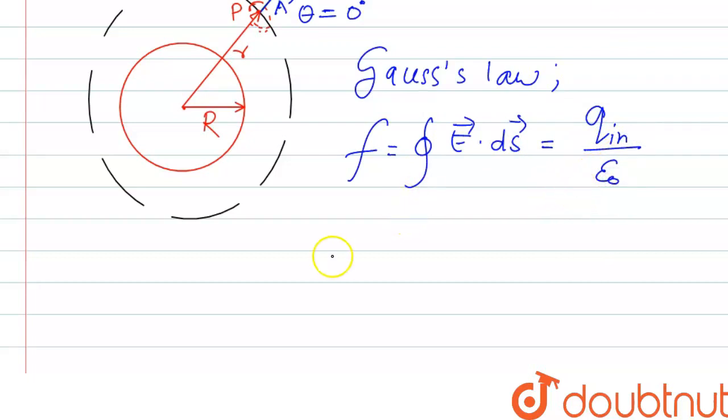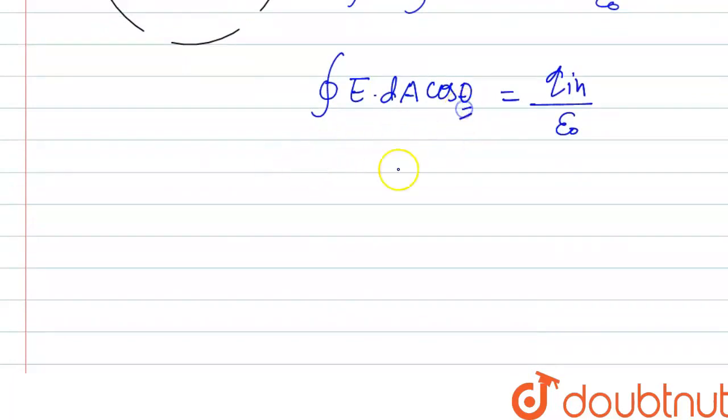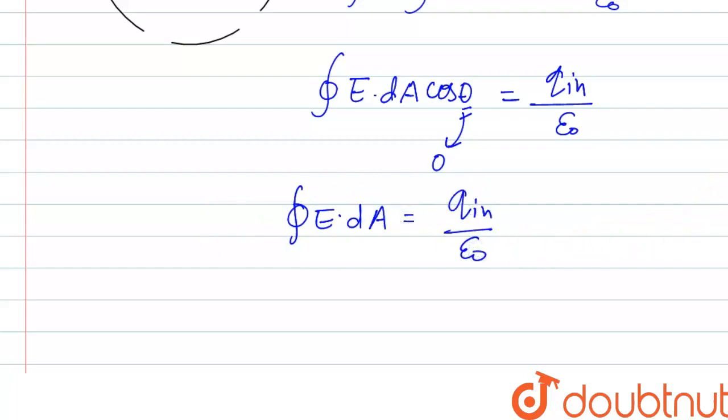Here we can write the surface integration of E dot dA, which is E dA cos theta, where theta is the angle between the electric field and the area, equal to q inside divided by epsilon naught. Now theta is 0, so E dA equals q inside by epsilon naught.